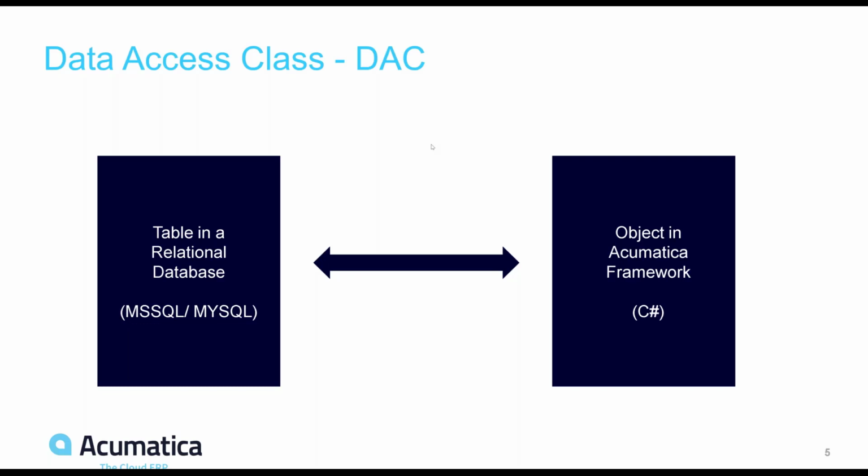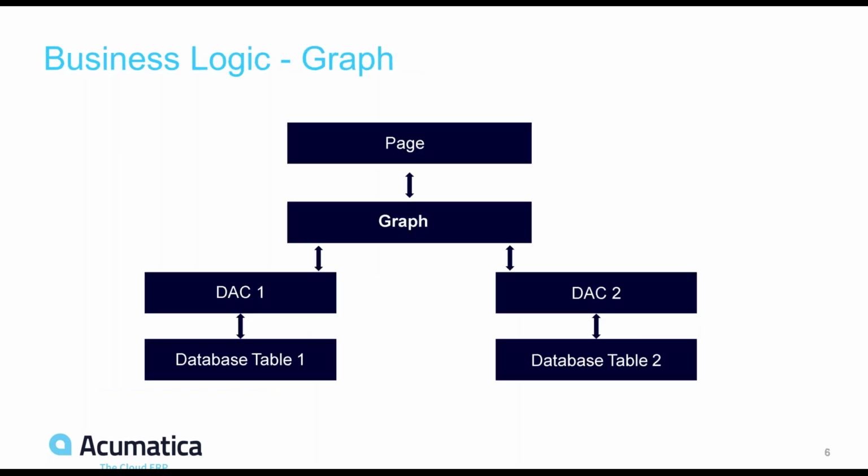The data access class itself also contains almost no logic behind it, and it only has this mapping functionality. Actions can be fired off in the program, and the data access class will perform a save or a read or an update automatically. Lastly, we have the business logic controller, otherwise known as a graph.